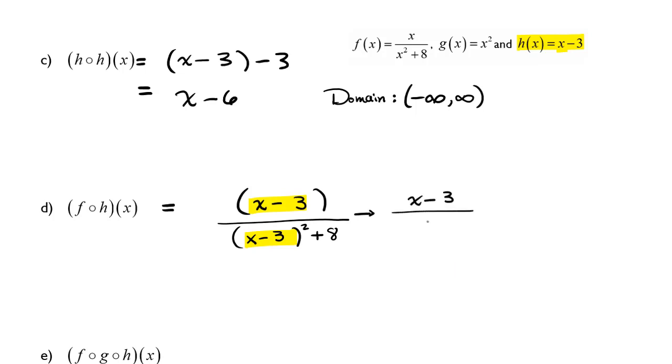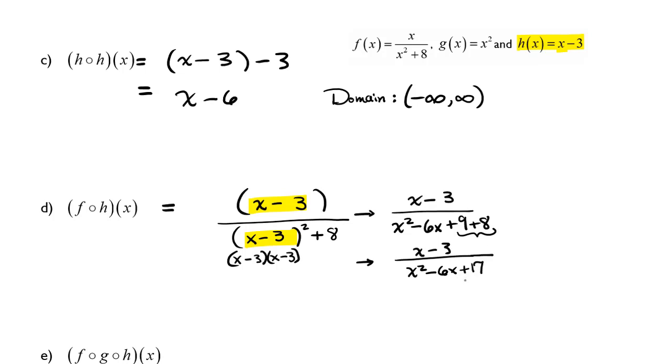In the denominator, however, remember x minus 3 squared is the same as x minus 3 times x minus 3, which means this is going to be x squared minus 6x plus 9 plus 8. If we simplify that further, we can combine the 9 and 8, and that will give us x minus 3 over x squared minus 6x plus 17.